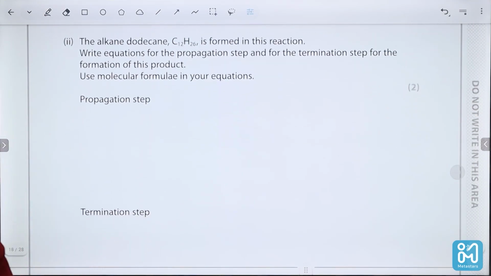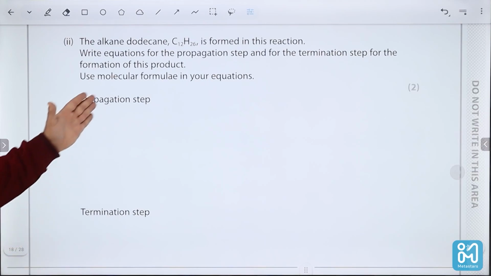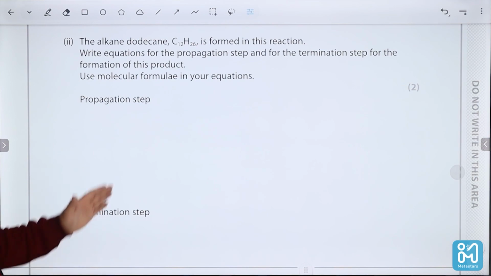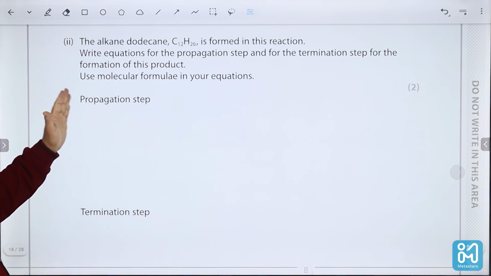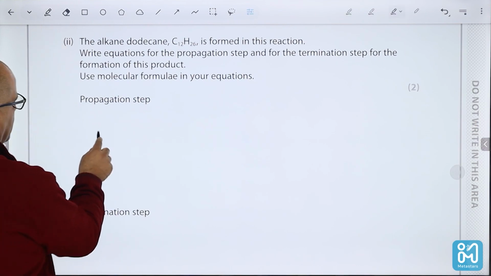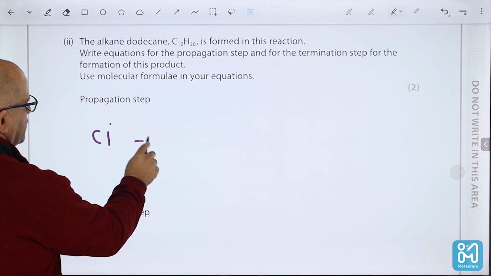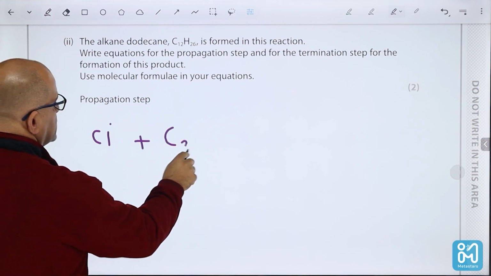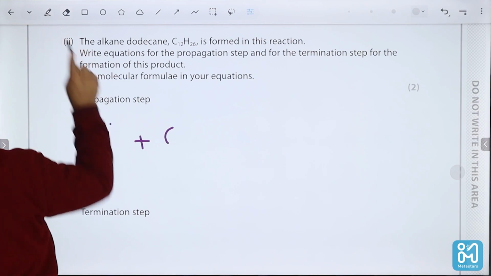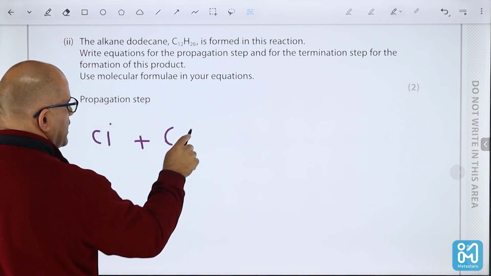Now, the alkane dodecane, C12H26, is formed in this reaction. Write the equation for the propagation step and for the termination step for the formation of this product. The propagation step, after the formation of the Cl radical, is the reaction with C6H14.